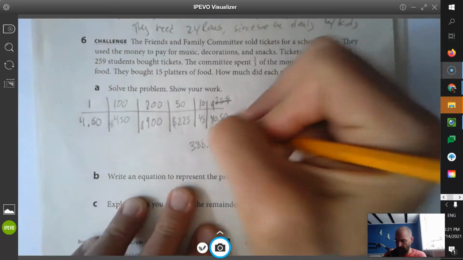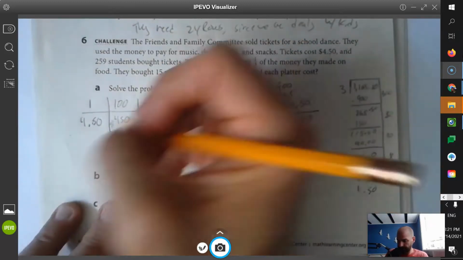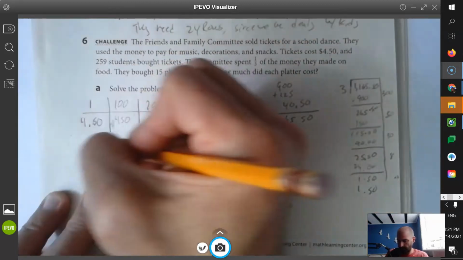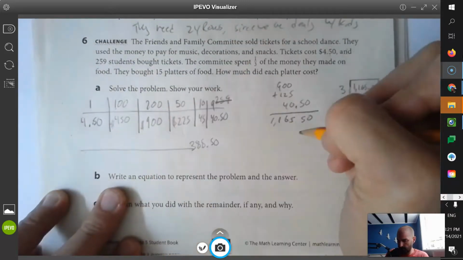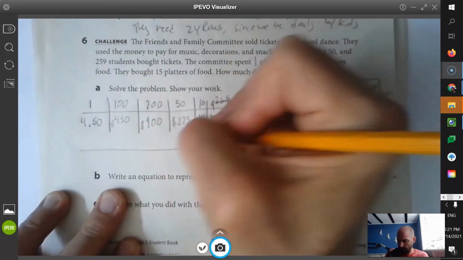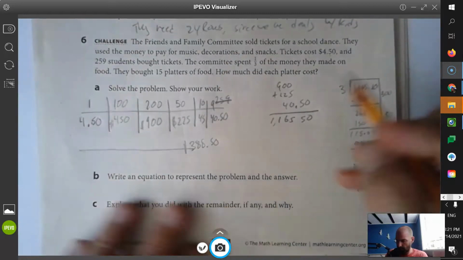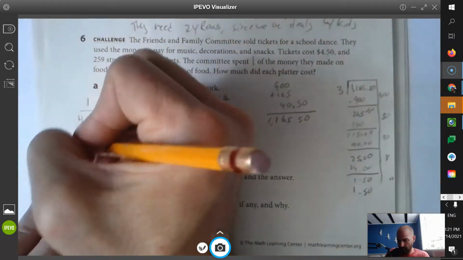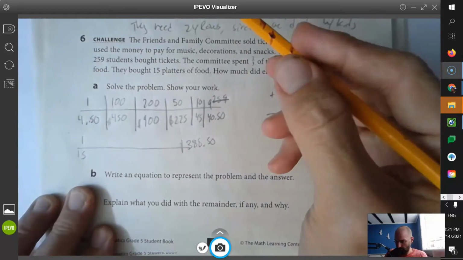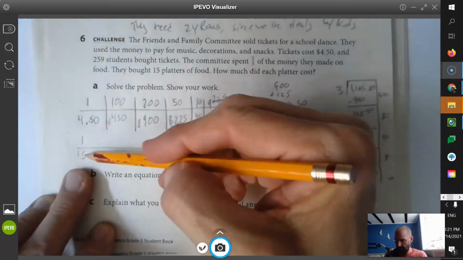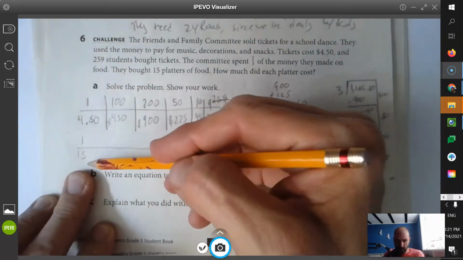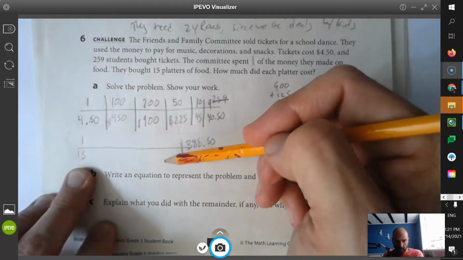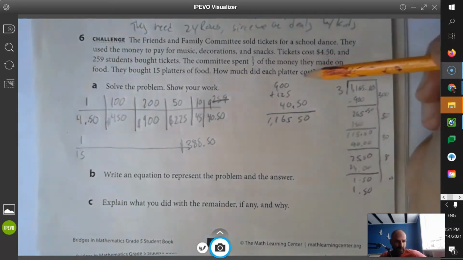They bought 15. Oh man, I need to do... so if a platter was $1, it would be $15. Wait, no. How much did each platter cost? Yeah, so I'm taking this $388.50 and dividing it by 15.